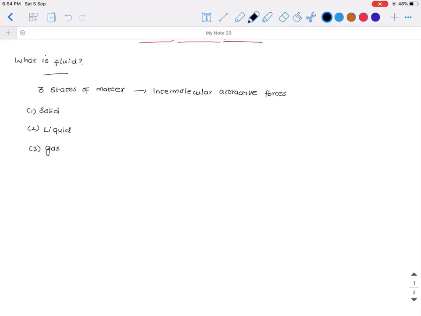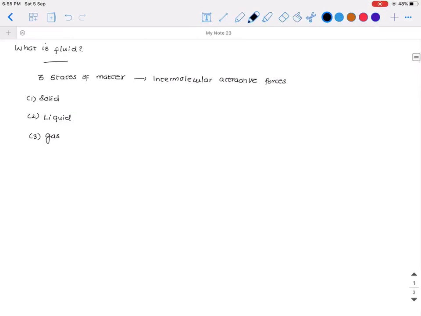But from a mechanics point of view, we do not bother about these intermolecular forces. In mechanics, as you already know, we are concerned about how bodies respond to forces.